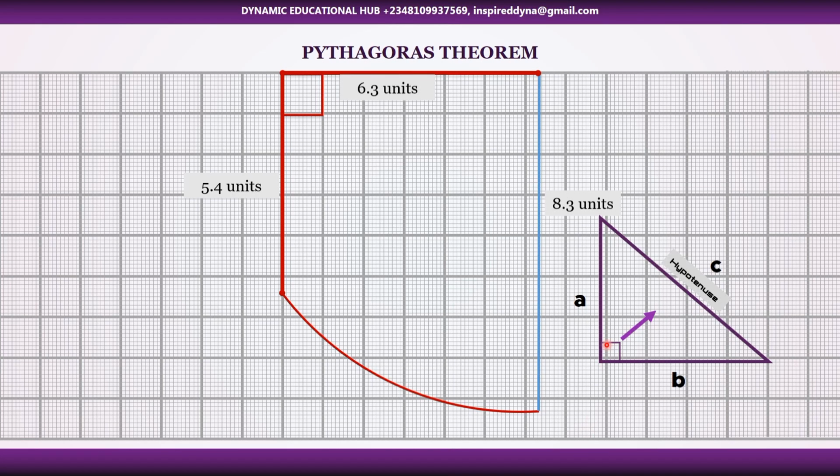The hypotenuse is the side that is facing, or the side that is opposite to the right angle. That is how to find the hypotenuse. When you cannot easily visualize the longest side of a triangle, just go ahead and look for your 90 degrees. Any side that faces it is the hypotenuse, which is C.